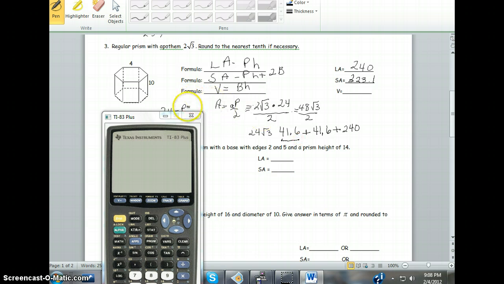So we take 41.6 times 10 and end up with a volume of 416. Before I rounded it off, in the calculator you get exactly 415.7. Of course, I rounded it up to 416.